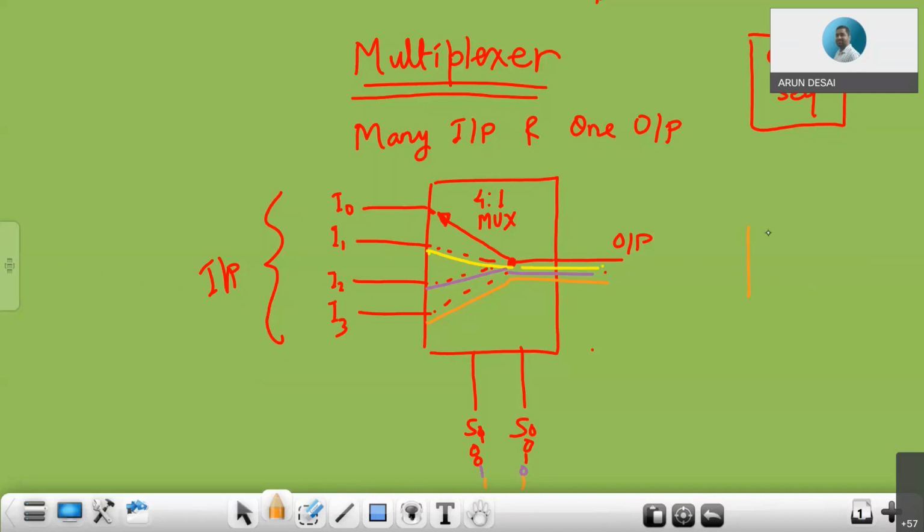And the symbol for this is like this. Those are input lines, this is the output line, and those are select lines, right?